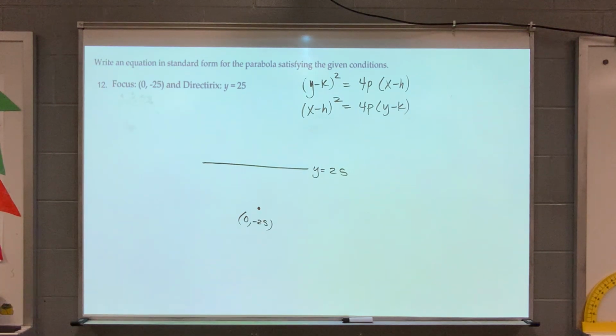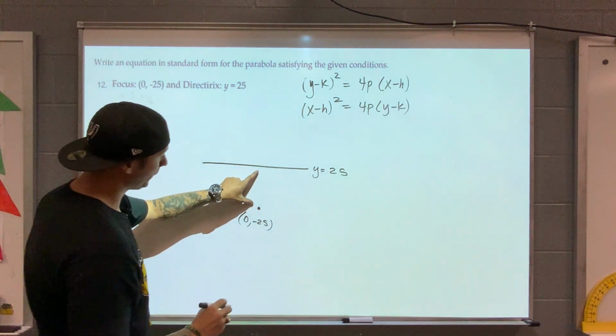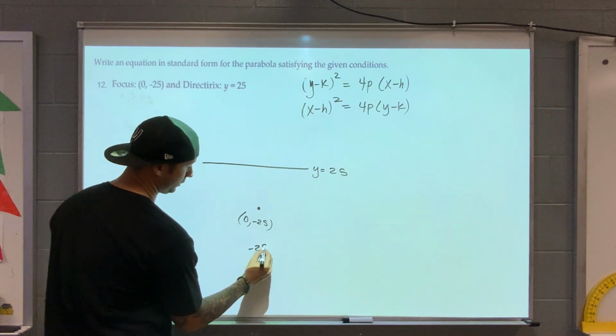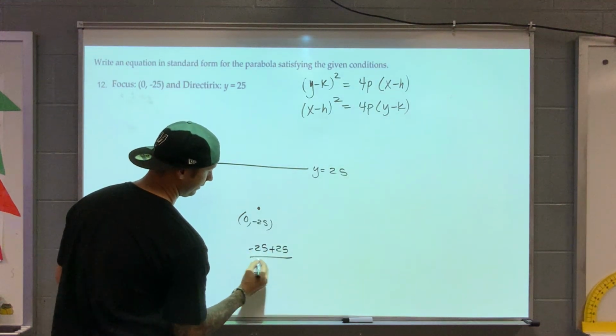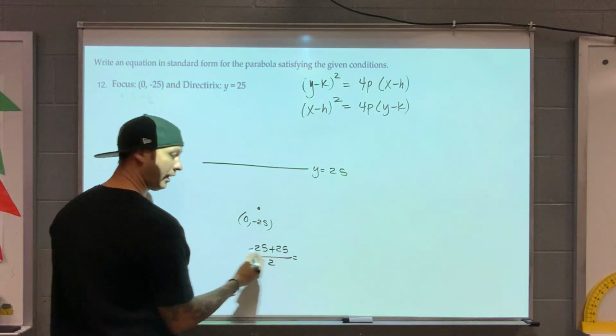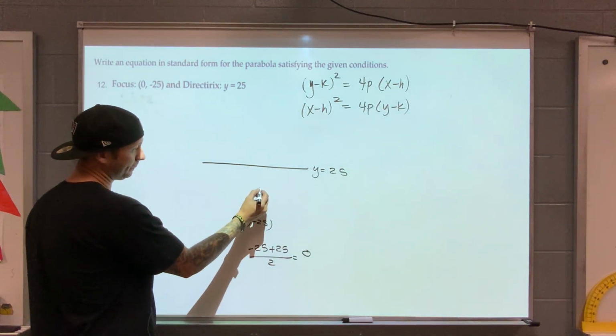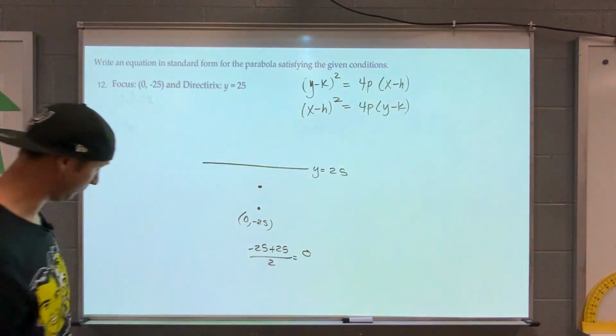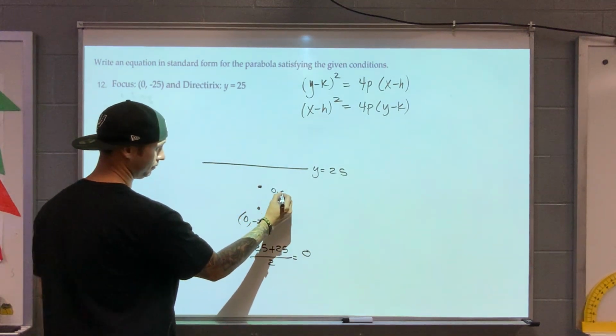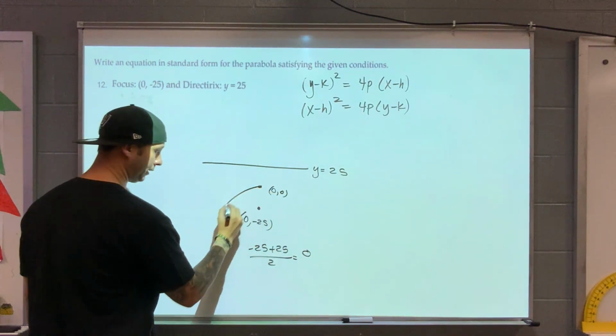Okay. Let's find the midpoint. This is going to be negative 25 plus 25 divided by 2. Hey, look at that, 0. So the midpoint is going to be at 0, 0. And it's going to open downward.